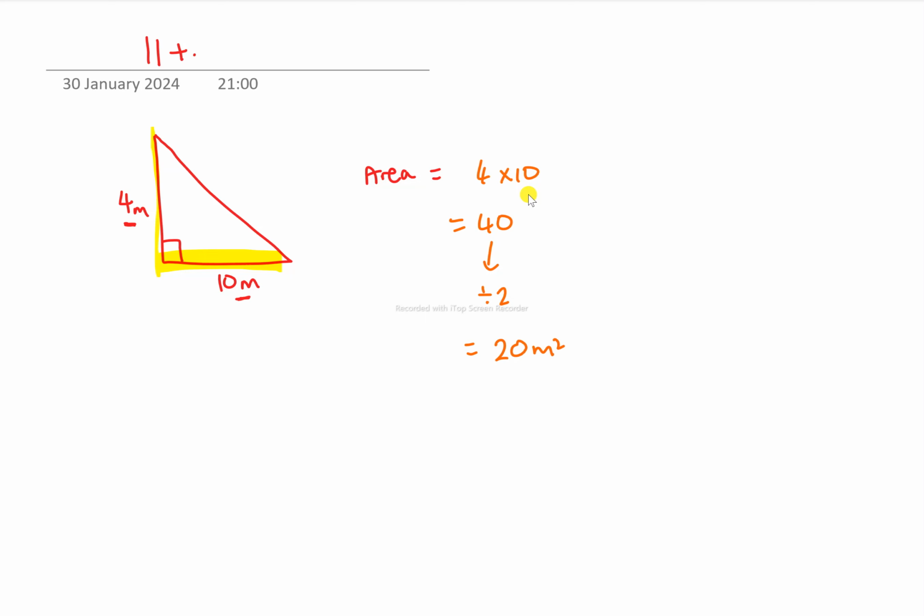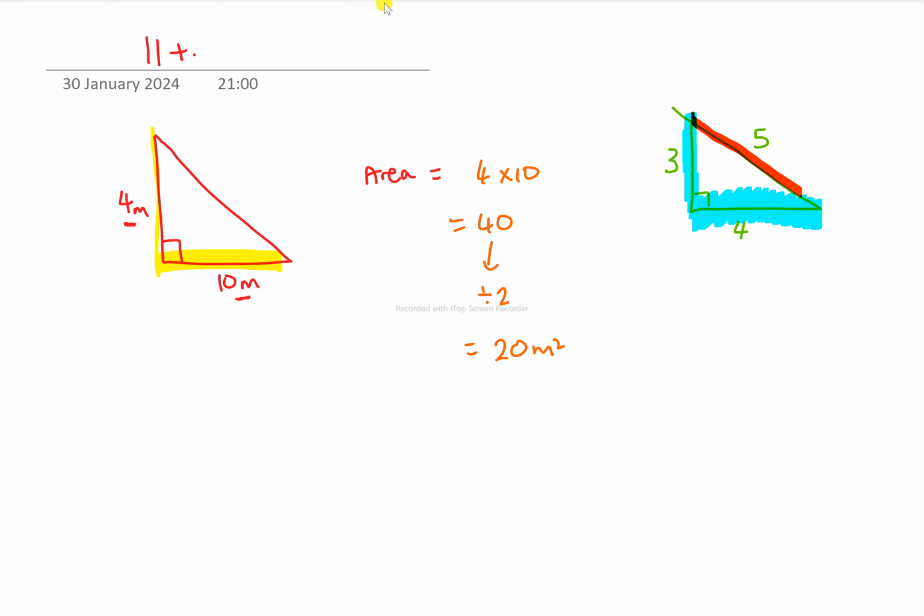Okay, now let me tell you something here. If they give you a triangle like this, 3 meters, 4 meters and 5 meters, you only use the height and the perpendicular base. You do not use this side here.